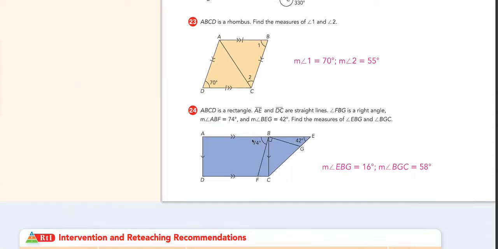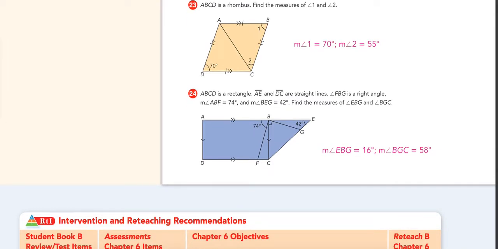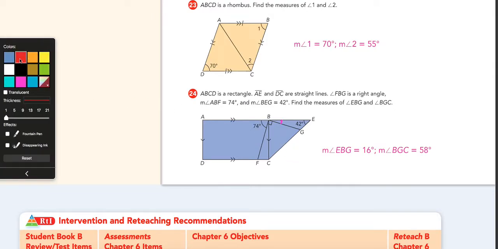Next one, number 24. We're looking for EBG. So EBG is right here. If I look at these angles, I'm going to put this in red.